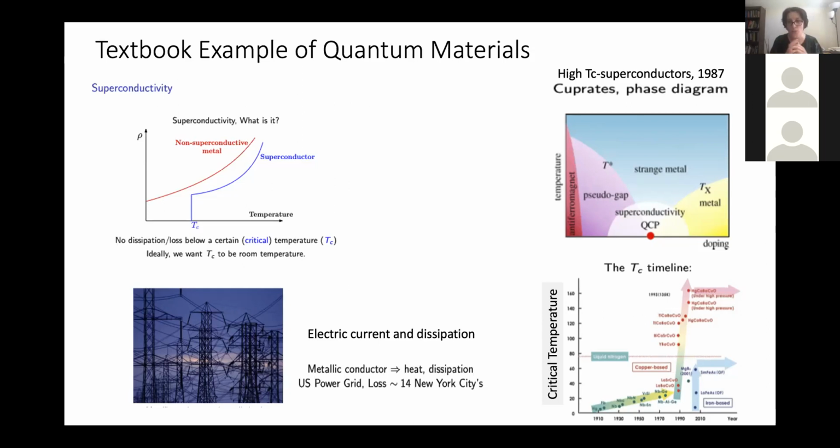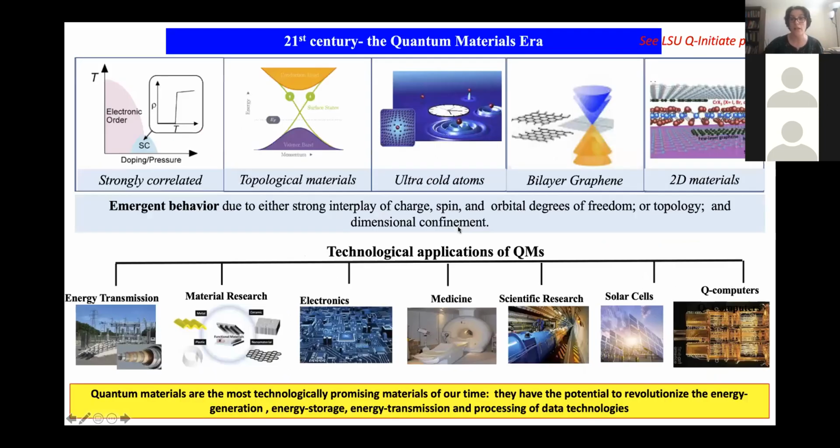So there is also a limitation to their application in real life. But researchers are working very hard on how we can push this critical temperature to such an extent that we can apply these materials in real life.